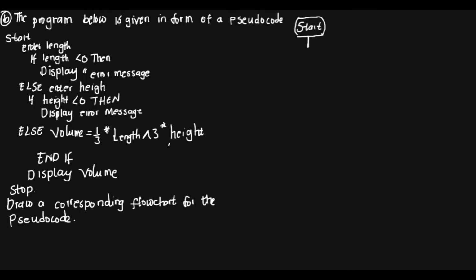From there, we write the arrow showing the next step. So the next step here is we need to enter length. So length indicates the input. So we use a parallelogram. So say enter length.